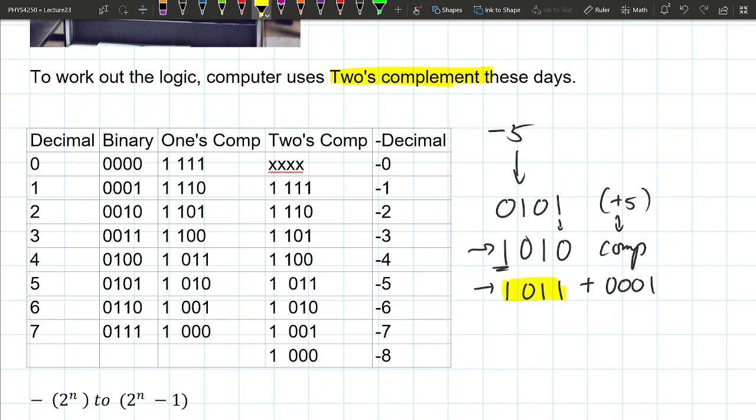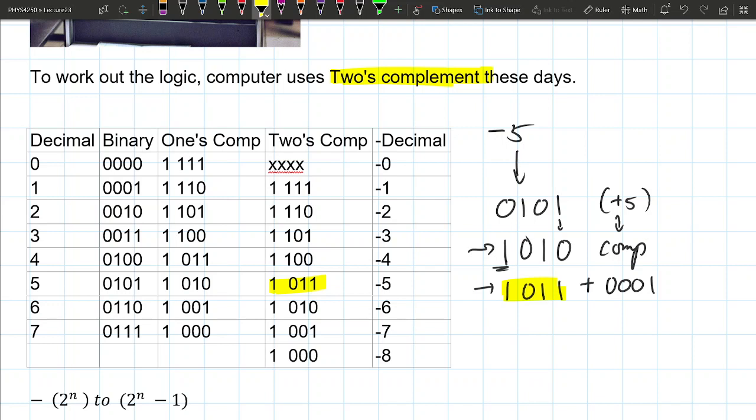And hopefully that matches up with -5 down here. So that's the method in general. You don't want to make this table for 64 bits. Everyone clear how you do this? You figure out what the positive number is, complement it, meaning flip all the bits, and then add 1 at the end.